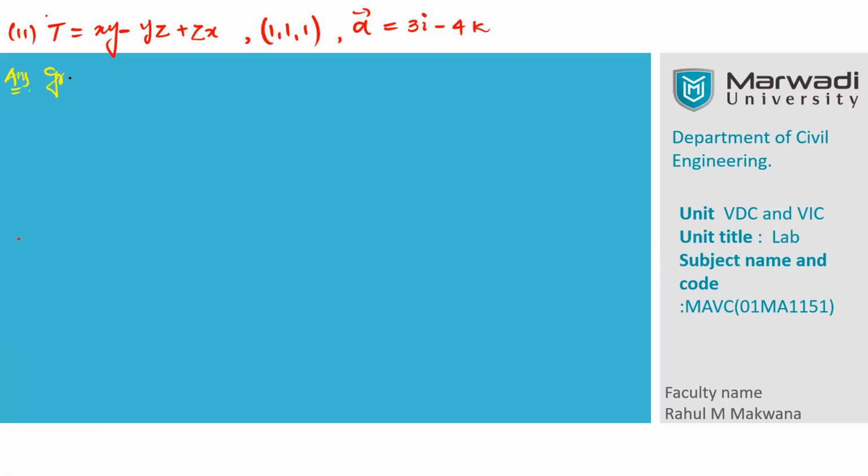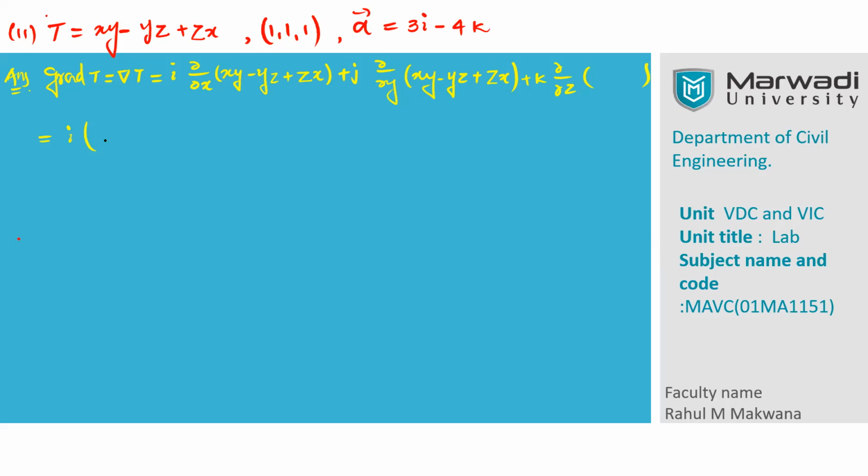So first of all, gradient of function t, that is nabla t. So i del by del x of the function plus j del by del y of the function plus k del by del z of the function.